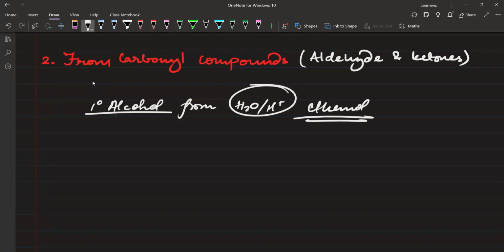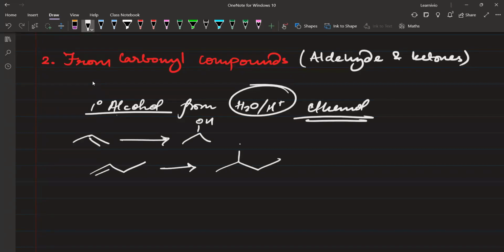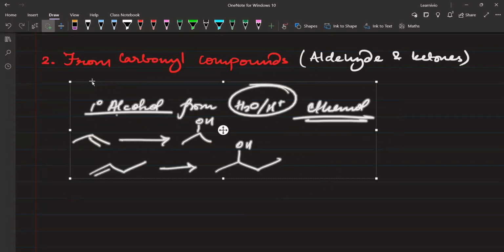Why? Because if you go to a bigger alkene, let's say for example propene, यहाँ पे आपको major product क्या मिलेगा? You will get the 2nd carbon atom. Even if you go further like this, here also you will get this as the major product. So it is again 2 degree. So the only 1 degree alcohol that can be formed via hydration of alkene is ethanol.